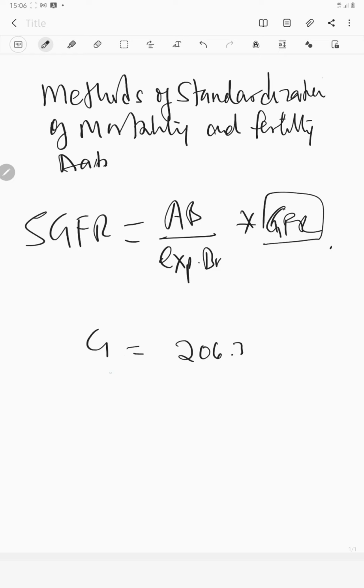So if you have 206.3, you can multiply and then get the actual value, which in this case is 231.3 per 1,000 women. So at the end of the day, we are able to determine the values that can be associated with that.